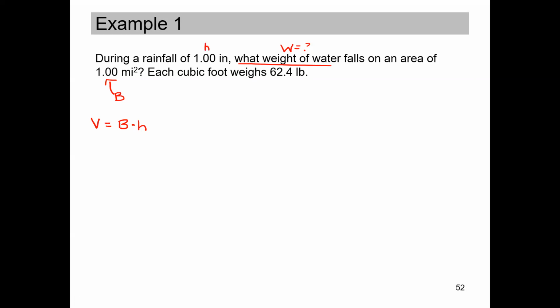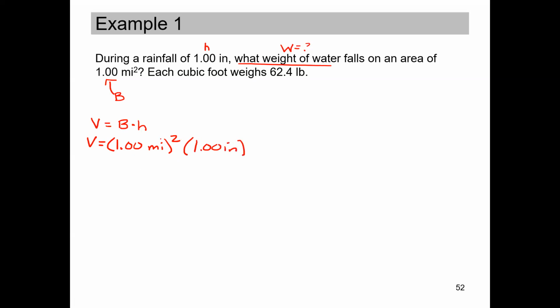Now, if I'm looking at this problem, I've got miles and inches in the same problem. So let me set this up. I have 1 square mile, and then I have my 1 inch.